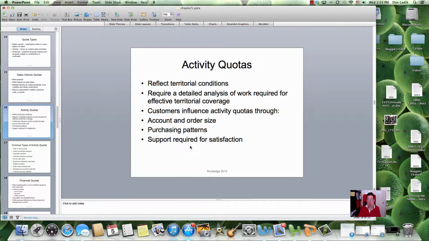So you could say that we expect higher activity from the Manhattan rep. It does reflect territory conditions. It does impact how big the accounts are, how orders usually come in, purchasing patterns for those accounts. Sometimes there's satisfaction numbers associated with that.